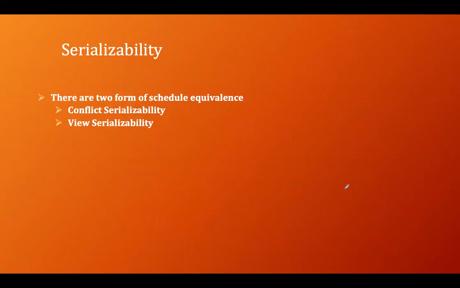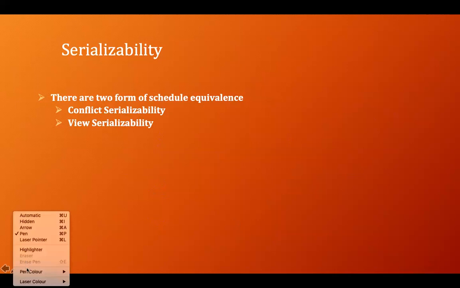Now let's talk about serializability. There are two forms of serializability equivalence. One is called conflict serializability and another is called view serializability. How can we make any non-serial schedule equivalent to the serial schedule? That is called serializability.